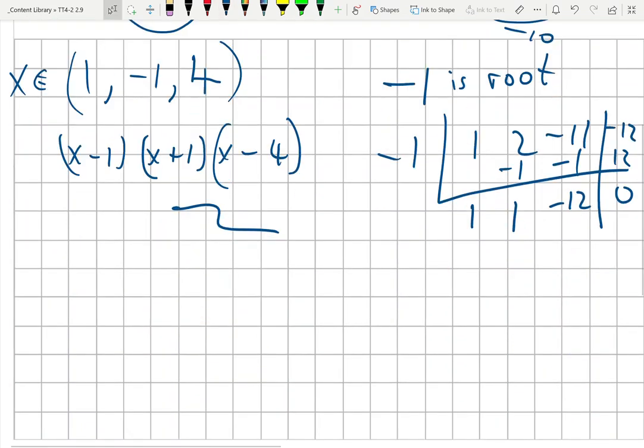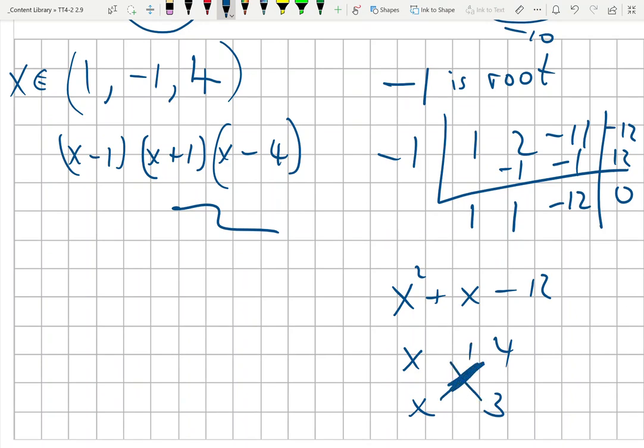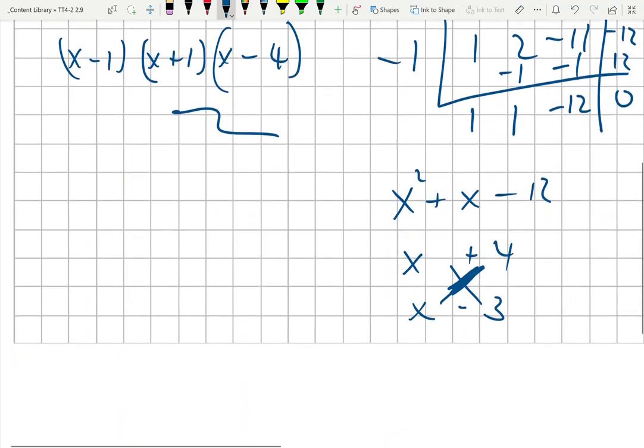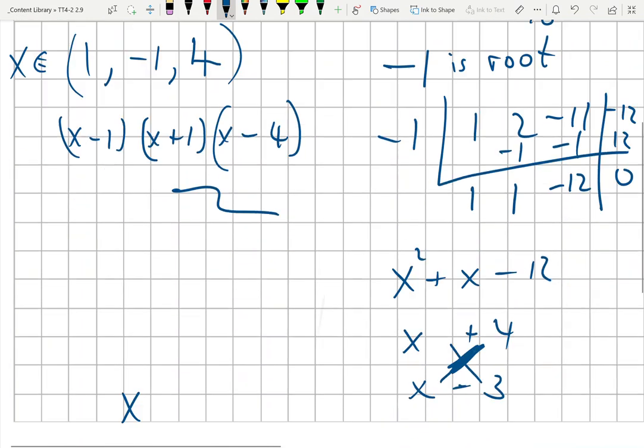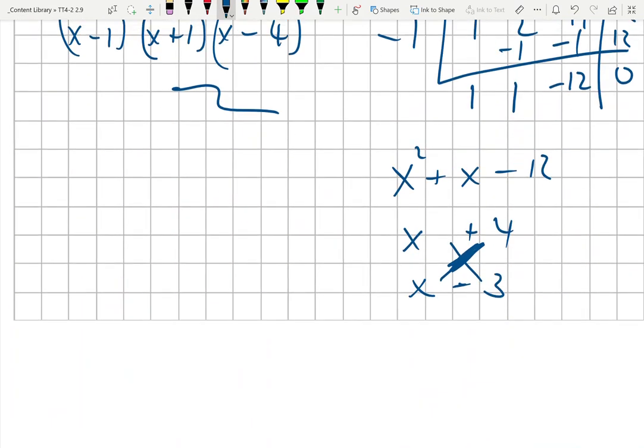Can they think of any other? I think they're just repeating the same thing. Minus 1 is a root. What do they want? Solve. Minus 1, minus 4, 3.